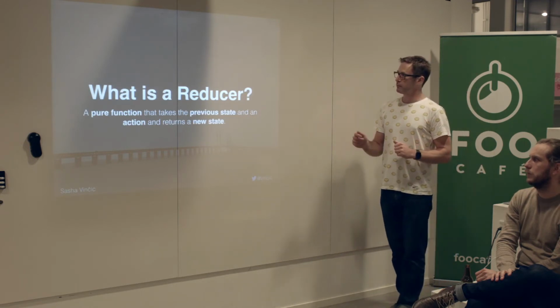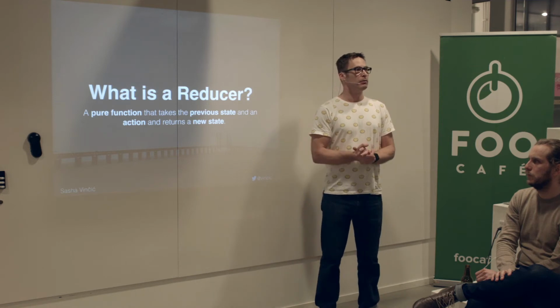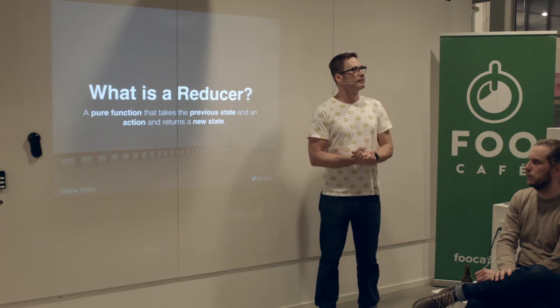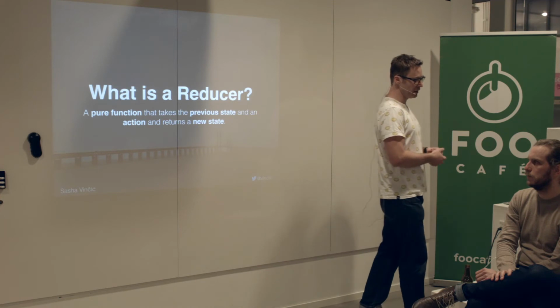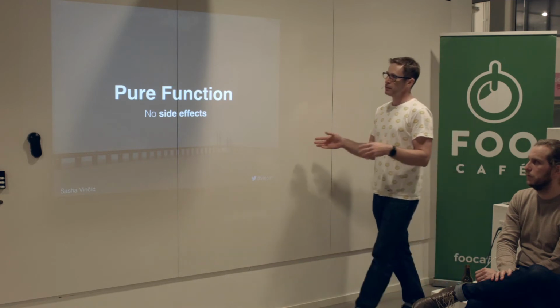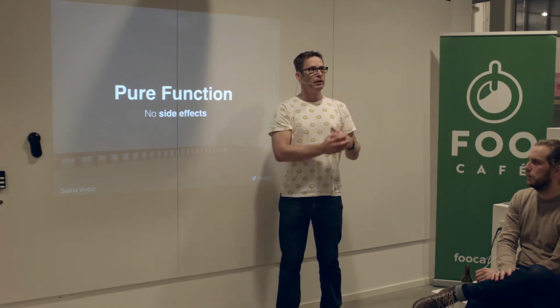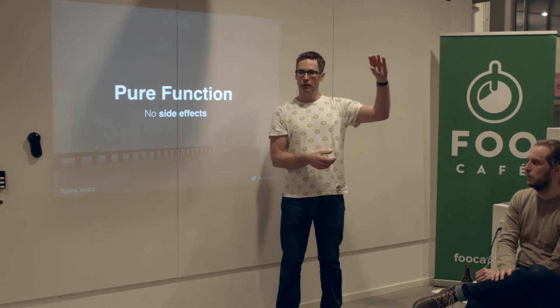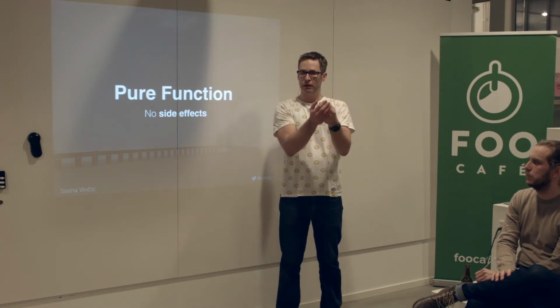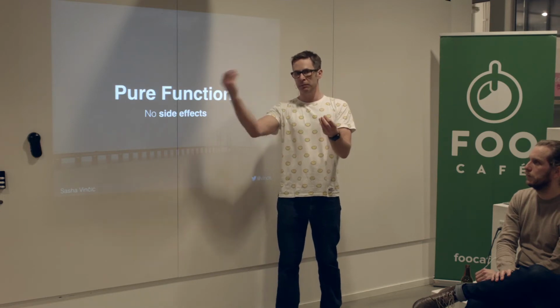And the reducer is a pure function. How many know here what's a pure function? Yeah, so a pure function is a function with no side effects. And what does that mean? That means that the reducer, like we saw in the previous slides, takes an action, a definition of some event with some data, and the current state, does something with that action and data, and emits a new state.